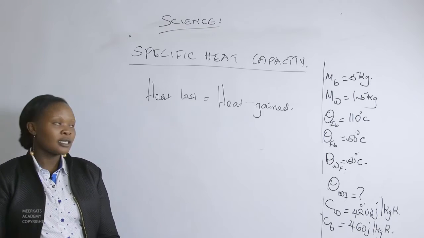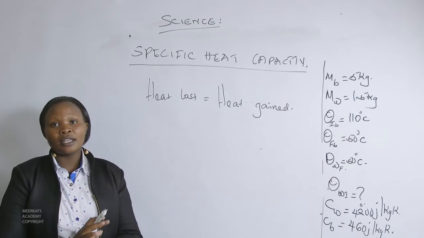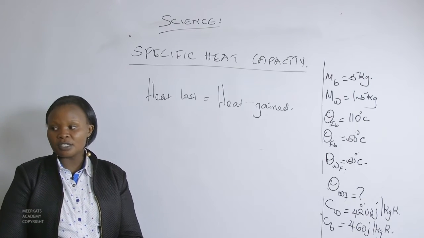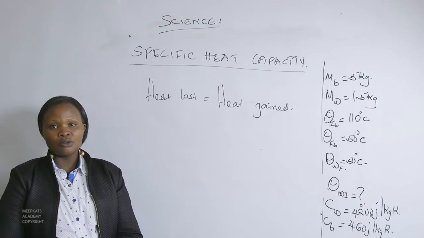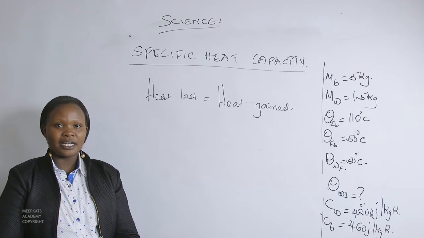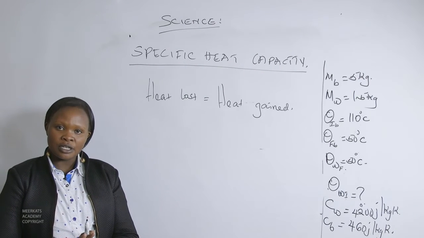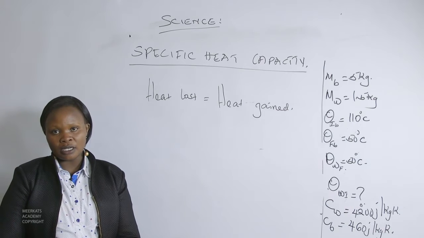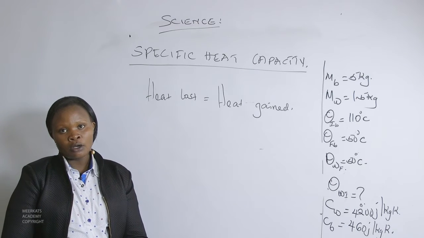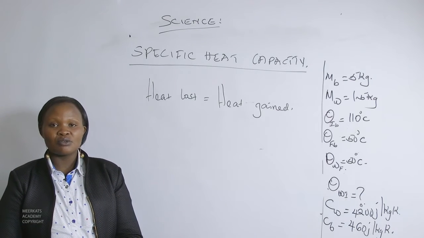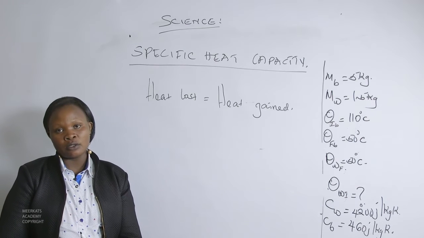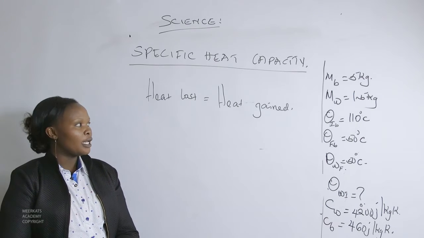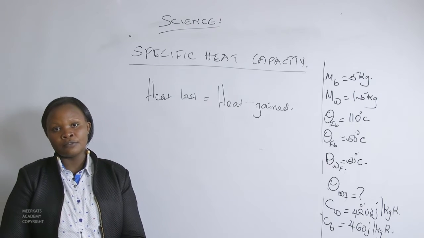In this case, recall that heat in itself is a form of energy, and when we talk about energy, we say that energy cannot be destroyed or created. All we can do to energy is transform it. We can only transform energy to other forms.